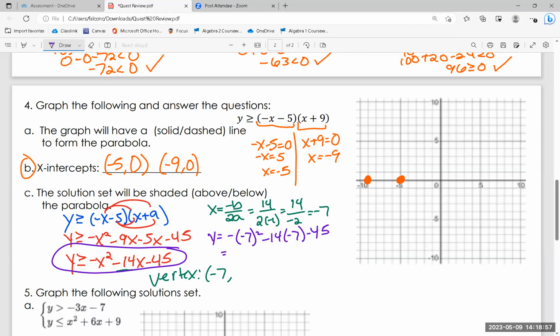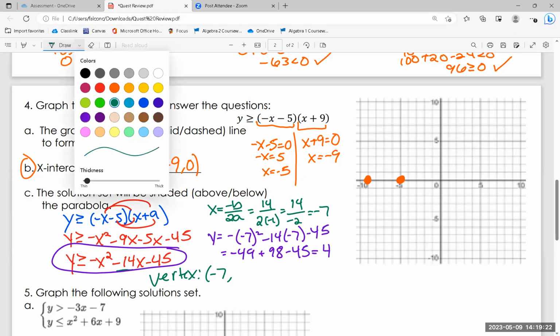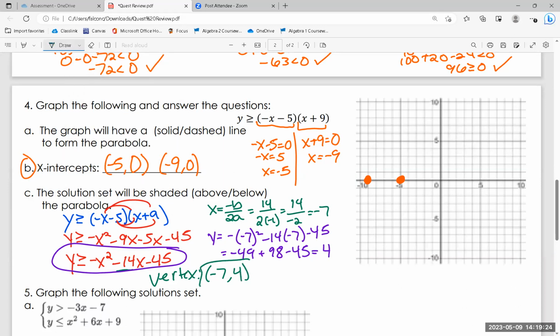So that would be -7 squared is 49, and then the negative in front will be -49. And that would be positive 14 times 7 is 98, and then a minus 45. And that, if you add all that up, is 4. All right, so our vertex is at -7, 4.